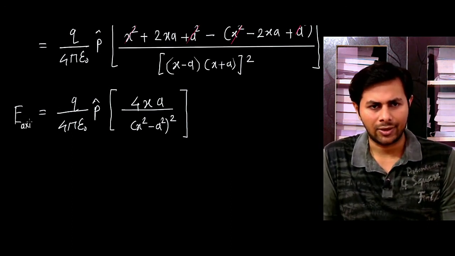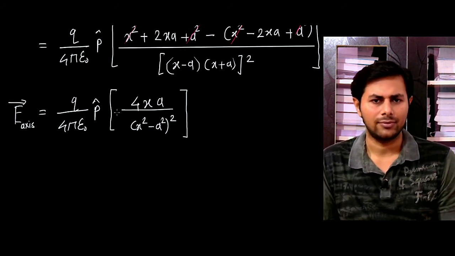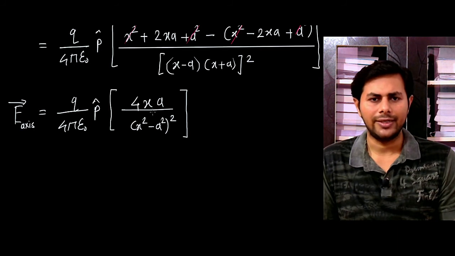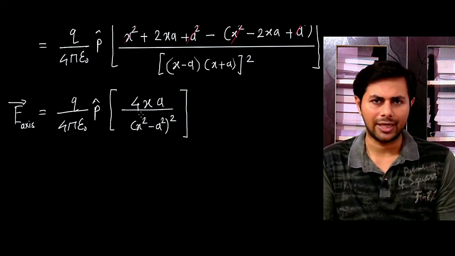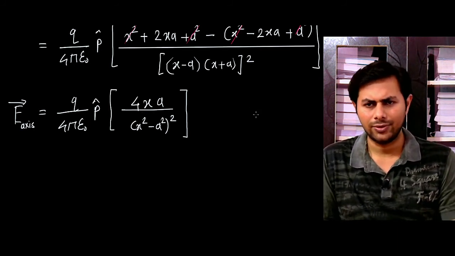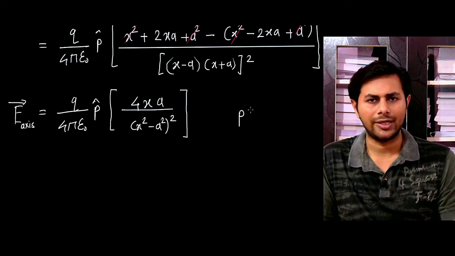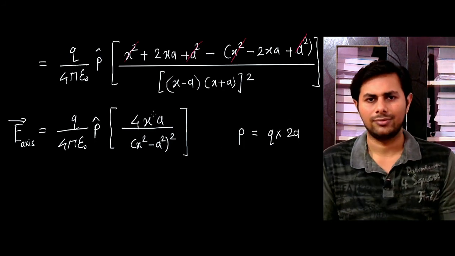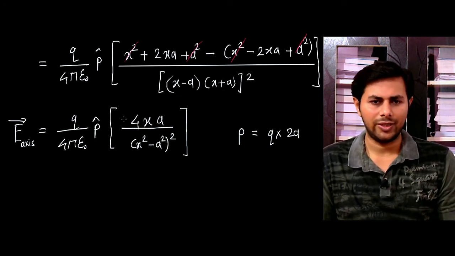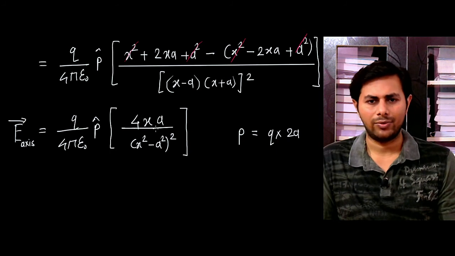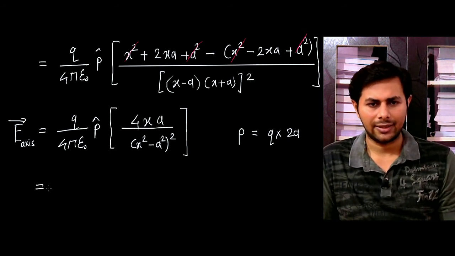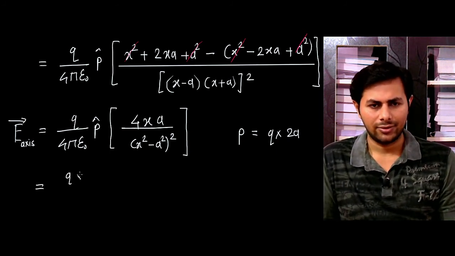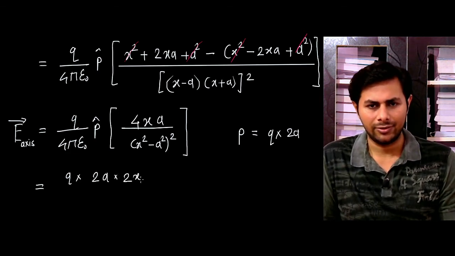All right. So this is the electric field along the axis of an electric dipole. Now we'll write this in terms of the electric dipole moment. So we know that the magnitude of the electric dipole moment is q times 2a. So in the numerator we have q multiplied by 4 times xa, and I will write this as q multiplied by 2a multiplied by 2x.